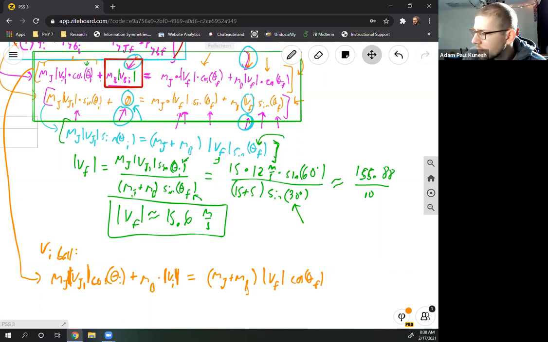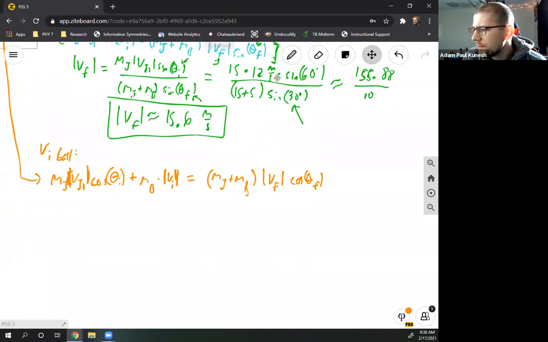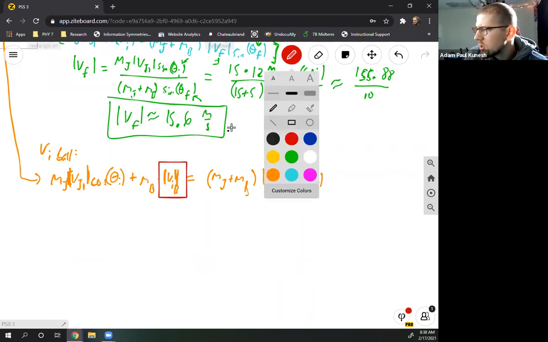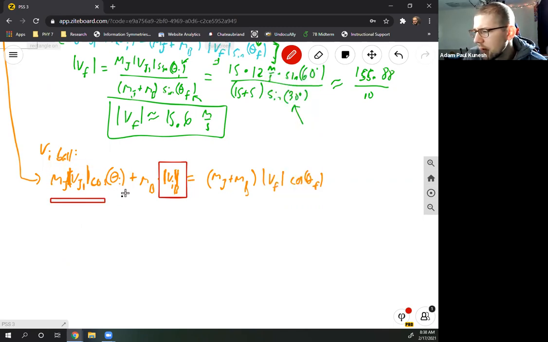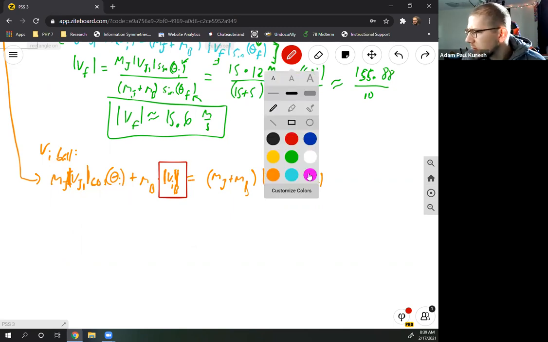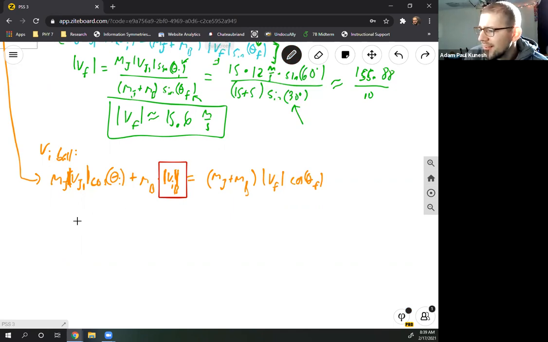Sweet. All right. Rearranging for v initial of the ball, this is the thing that I'm solving for. I'm going to subtract this first term on the left-hand side and divide the whole thing by m_B.